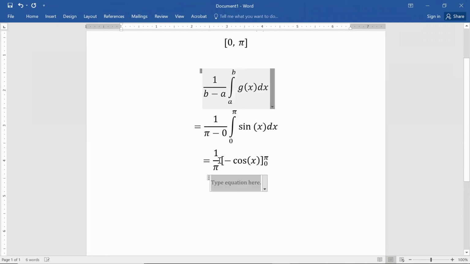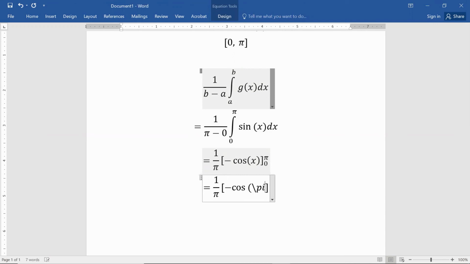And then I can start plugging in my values. I take 1 over pi multiplied times negative cosine of pi minus 1 over pi times negative cosine of 0.